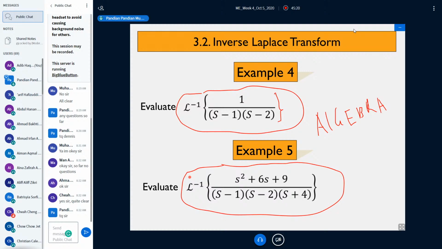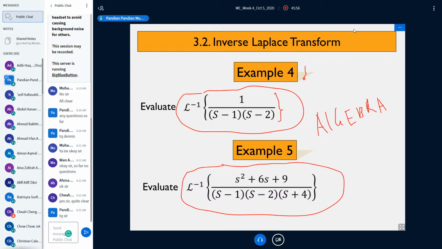Now, if you do the partial fraction, 1 over (s minus 1)(s minus 2) equals the denominator (s minus 1) multiplied by (s minus 2), and the numerator will be a multiplied by (s minus 2) plus b multiplied by (s minus 1). This is the partial fraction. Now, the denominators are the same on the left hand side and right hand side, so the numerator will be 1.